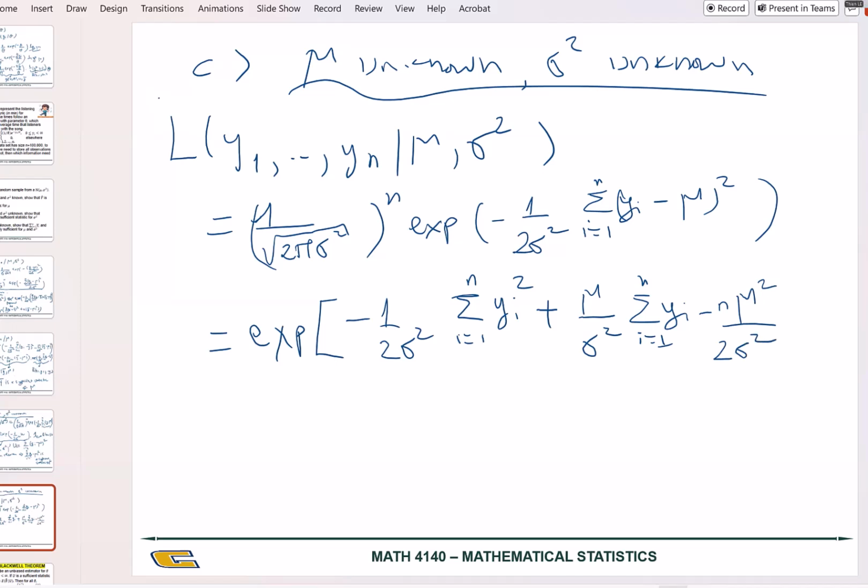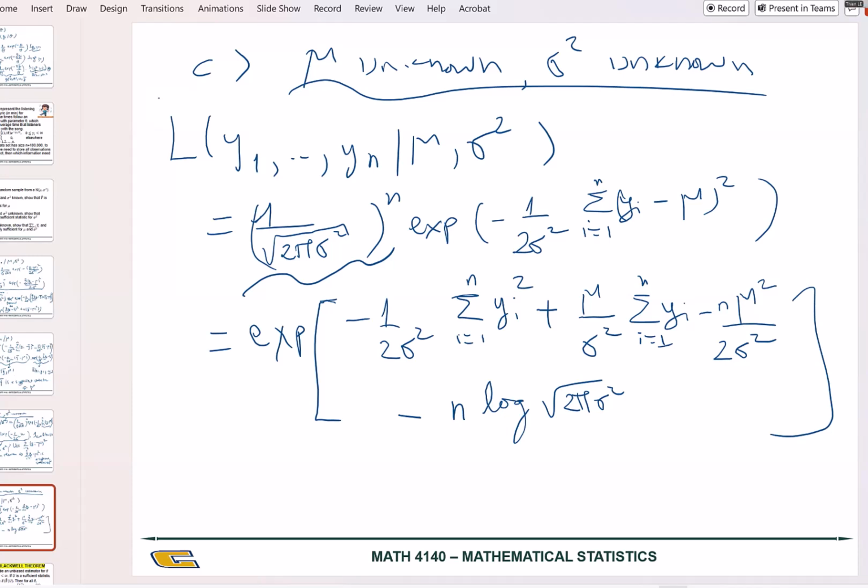At this point, I also bring the other term into the exponential, as exponential of log. So it would be subtract n log of 2 pi sigma squared. Remember it is 1 over, so it's just the negative log of that term.